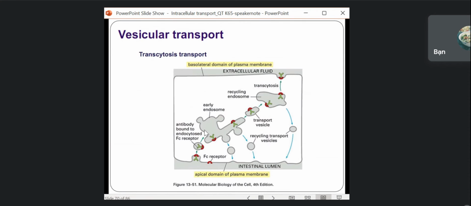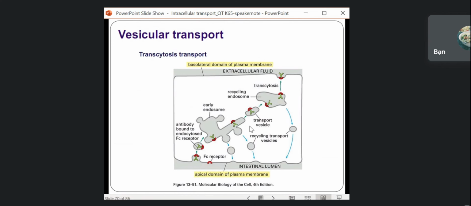So it fuses with the early endosome, and in the endosome the binding of the receptor and the cargo is still maintained. So they still stay on the membrane of the endosome. After that the endosome continues to move in the cytoplasm.